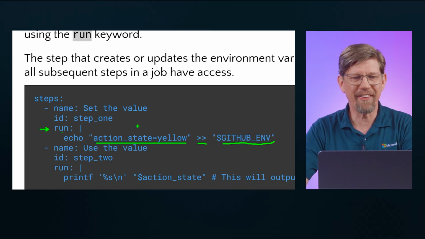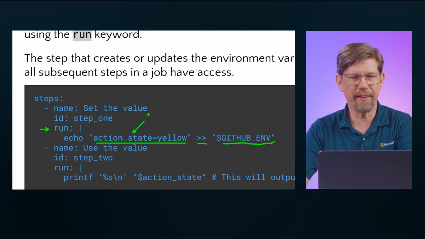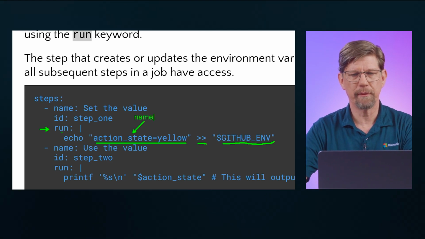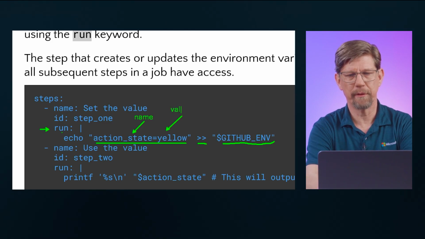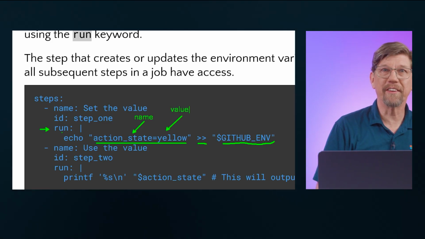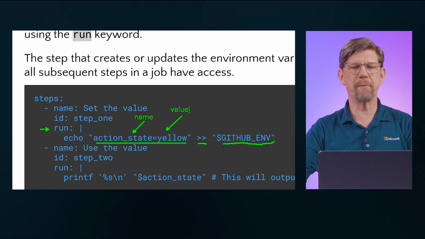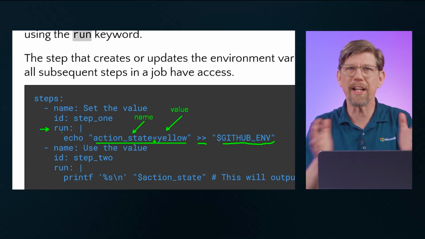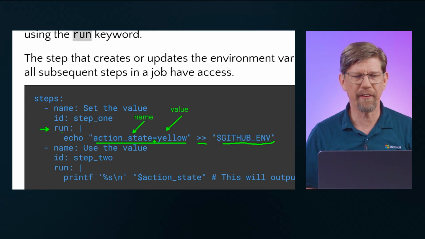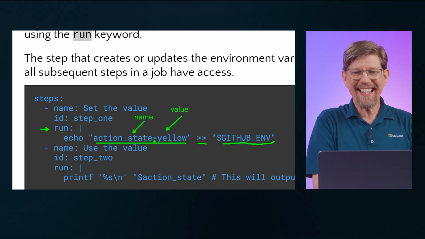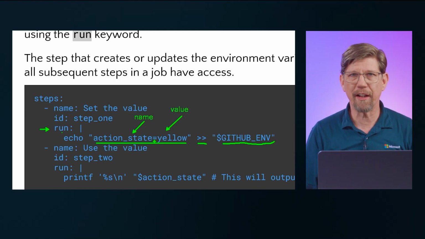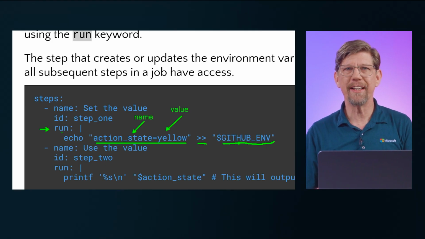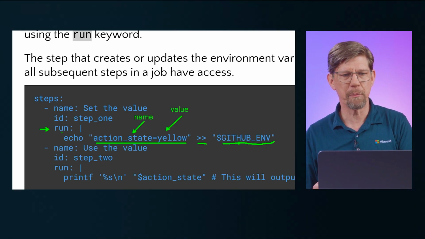And so at this point, this is the name. This is the value. In a Linux world here, in the Bash world, we want to make sure that those are separated by the equal sign, no spaces on either side there. So ACTION_STATE equals yellow. ACTION_STATE is the name of the variable, yellow is the value associated with it, and we are appending that into the GitHub environment variables collection.